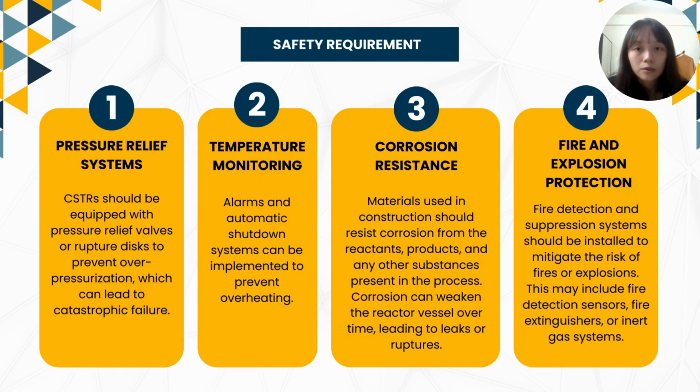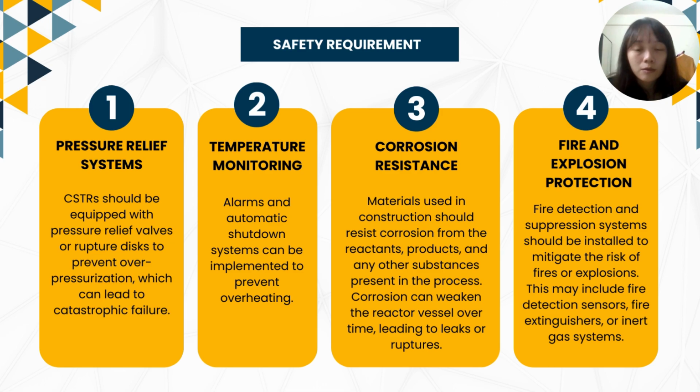When designing our reactor, we also need to consider the safety requirements. The first one is the pressure relief system. Our CSTR should be equipped with a PRV or rupture disc to prevent over-pressurization. Second, for temperature monitoring, we can have an alarm or automatic shutdown system to prevent overheating conditions.